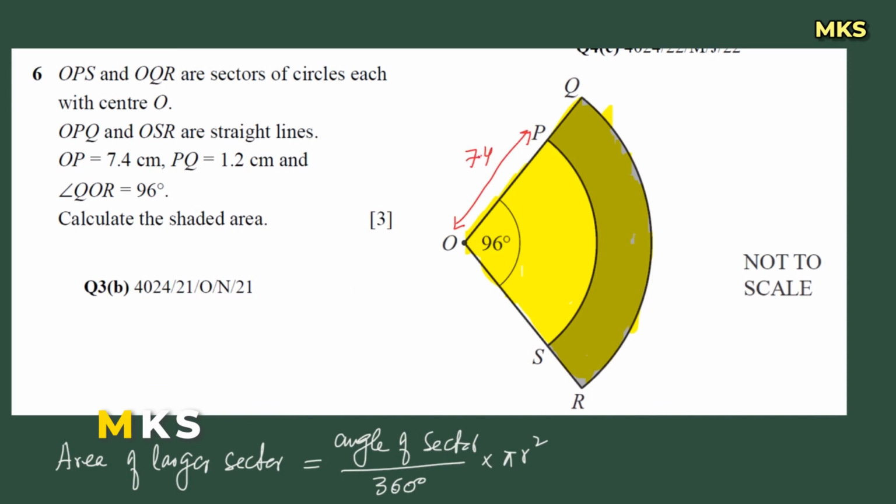centimeters, and PQ, this part is 1.2 centimeters. So OQ, which is the radius of the larger circle, will be 7.4 plus 1.2, which is 8.6.